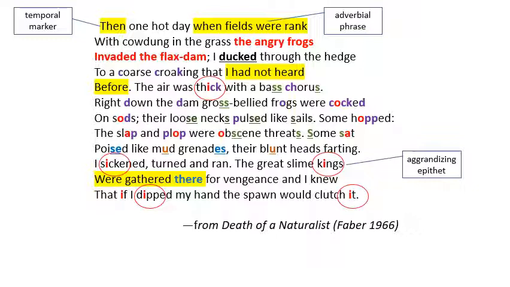If you look back, I've circled thick, sickened, kings, dipped, it. And it's interesting how that short vowel unites the unpleasantness of the moment, the feeling he has in him, with the kings, the frogs, and the idea of dipping his hand into that world.